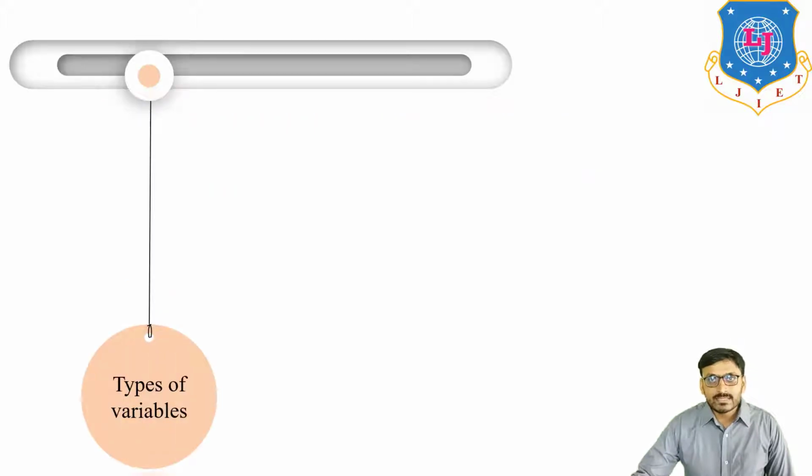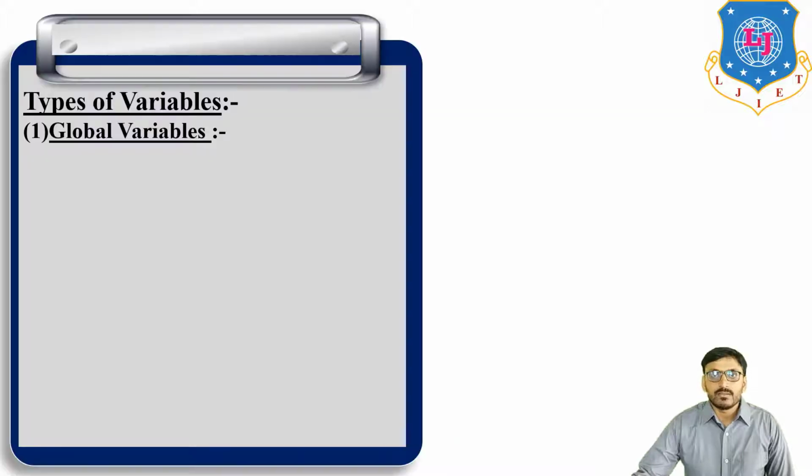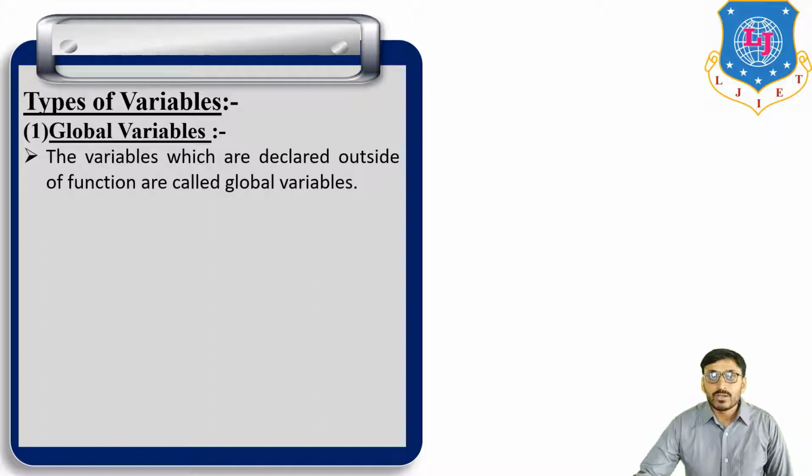Now, in this lecture, first we discuss types of variable and then we discuss the global keyword. There are mainly two types of variable that are used in a Python function. First, global variable. The variables which are declared outside of the function are called global variables.